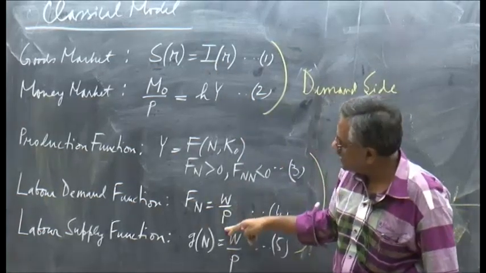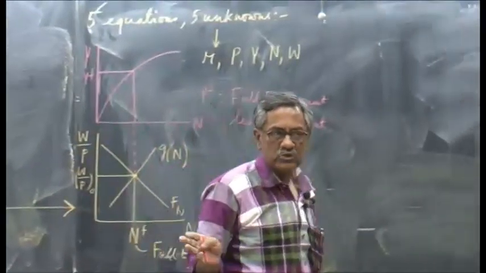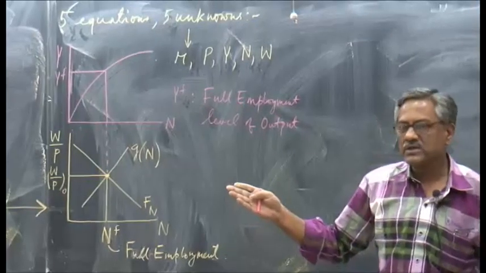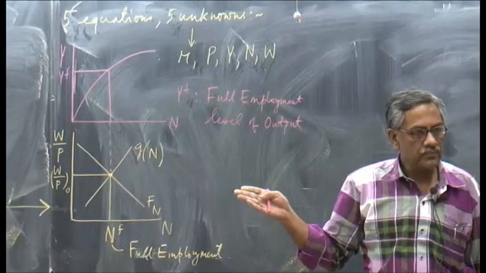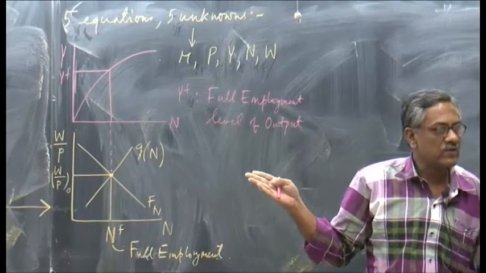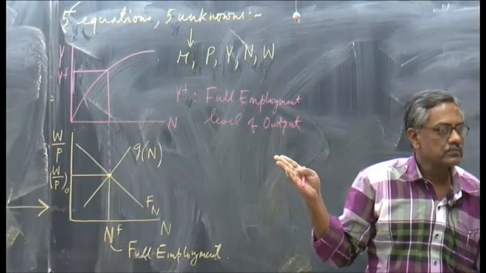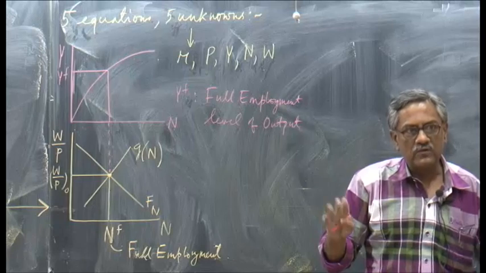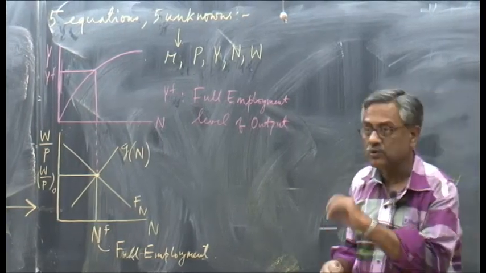Then the labor market, with 2 equations, labor supply and labor demand, is also a simultaneous equation model. So you determine the W over P and N value. Then the production function gives you the output value. Then the money market equation gives you price. Problem solved. But my job is not yet over. I have a few more things to tell you.